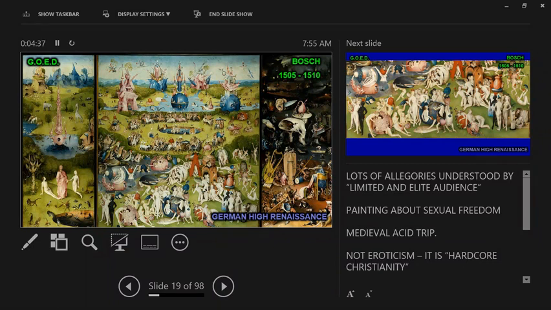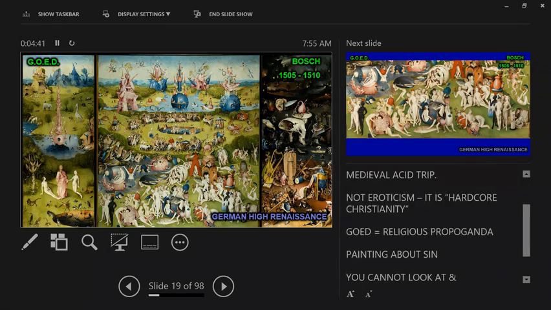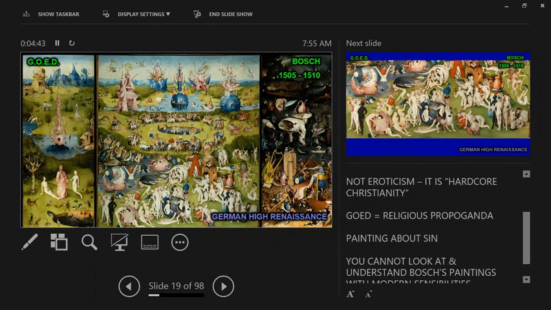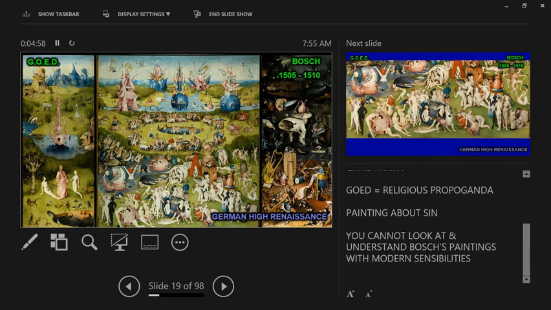Another one said that this painting is about sexual freedom, and it's not so much eroticism. Yet another one said that this is hardcore Christianity. You're talking about the evils of the sin of lust. So this is religious propaganda.